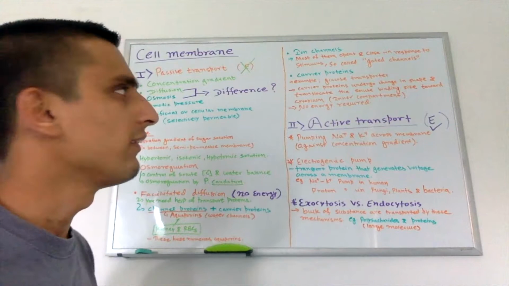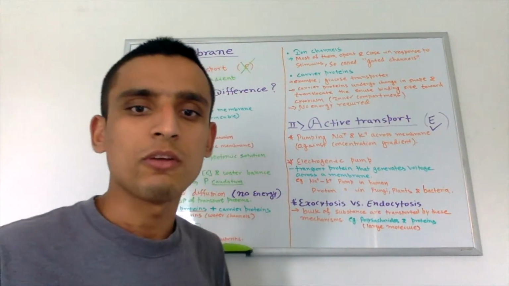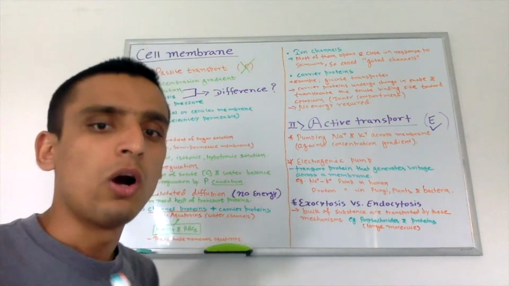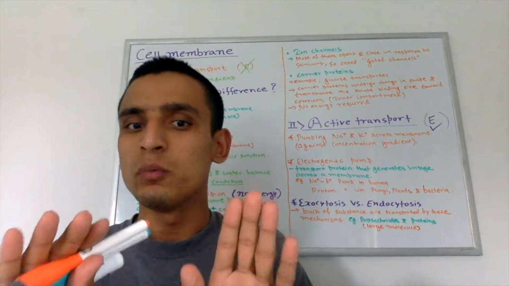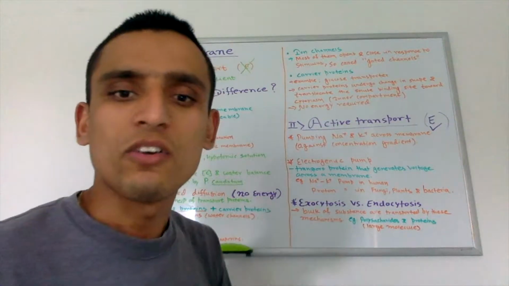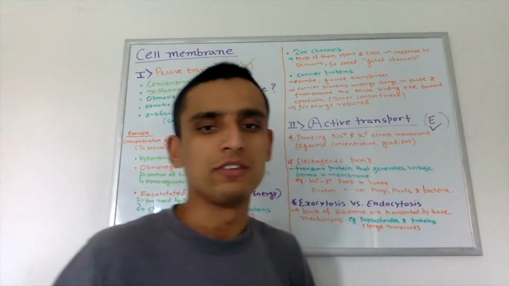In active transport, you need energy. You have to utilize some ATP to perform work, to push molecules against their will, against the concentration gradient. That's why active transport needs energy.